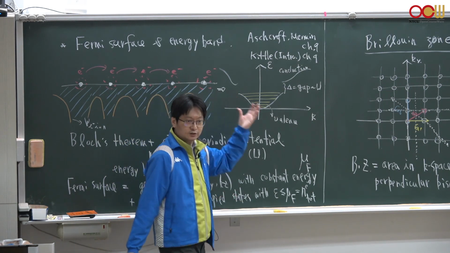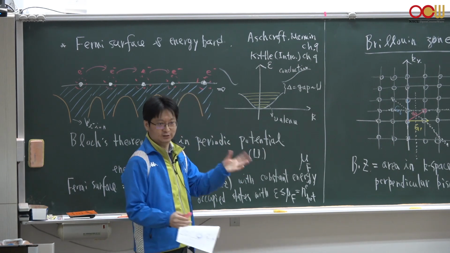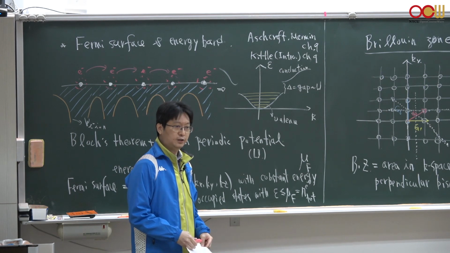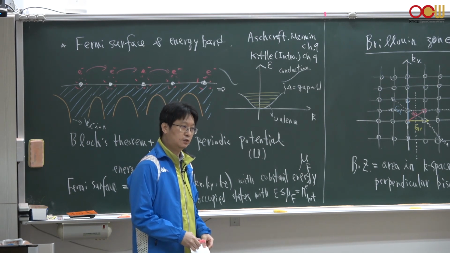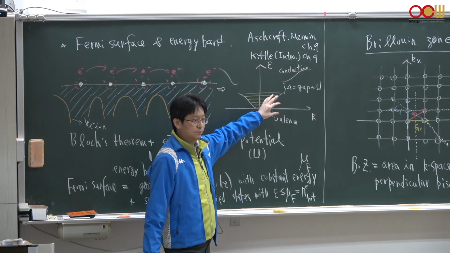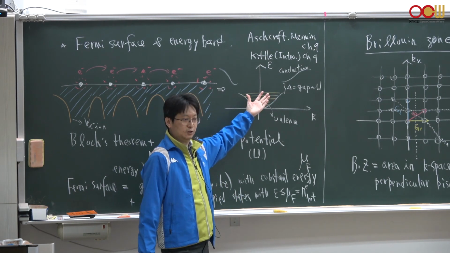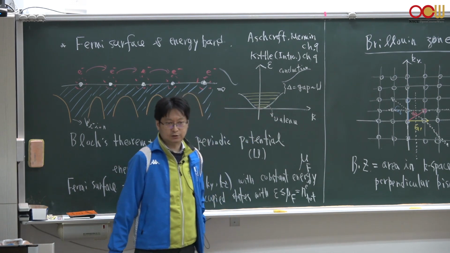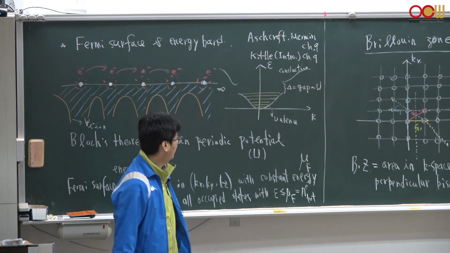From, say, your high school, you know that insulators are the systems where the electrons fully occupy a particular valence band, so that electrons have difficulty transporting to the other states because there is an energy gap between this valence band and the conduction band.